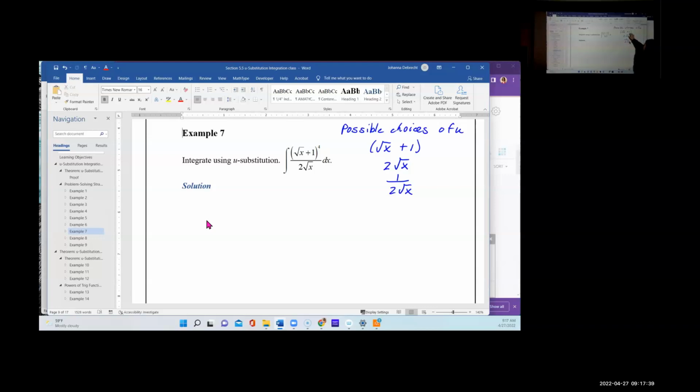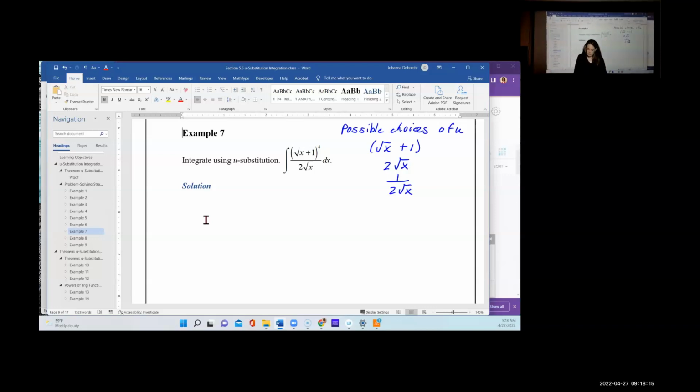So the first thing I notice is the derivative of the square root of x would give me 1 over 2 the square root, which is this part right here, which means that if I choose the first one for u, then I've already got part of du in the integrand. The other reason why it's a good choice is it is the thing being raised to a power, and that tends to be more commonly used as u than the denominator.